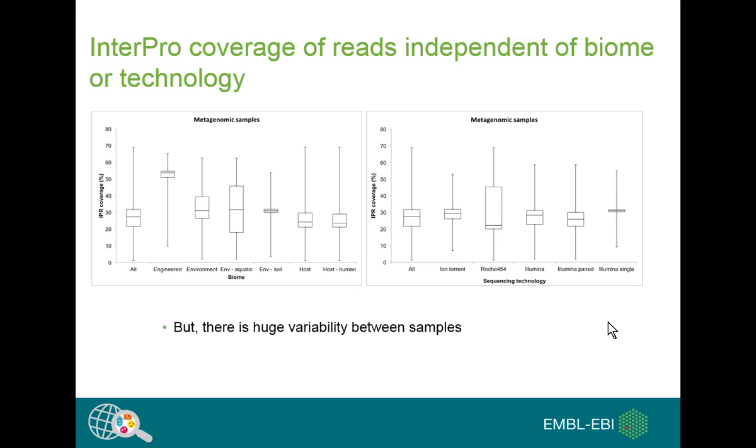The reason is that a lot of those engineered data sets are using organisms that are well known, like cheese fermentation. The key thing is that there's huge variance across all of these analyses. The mean is always around a third of the data, but the variance is absolutely huge.